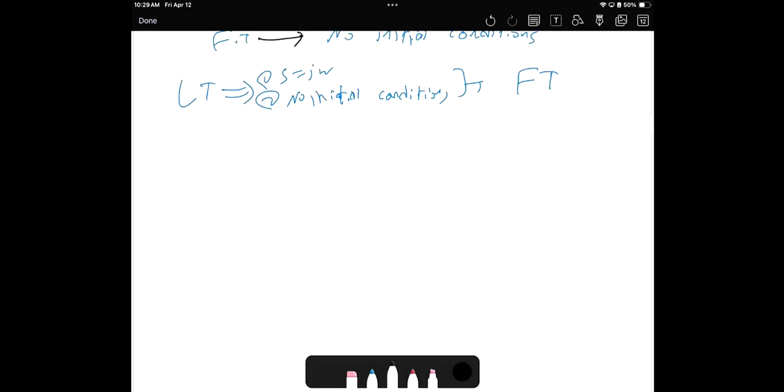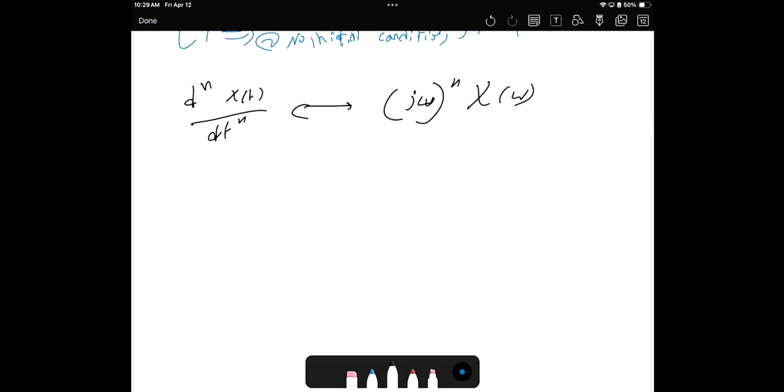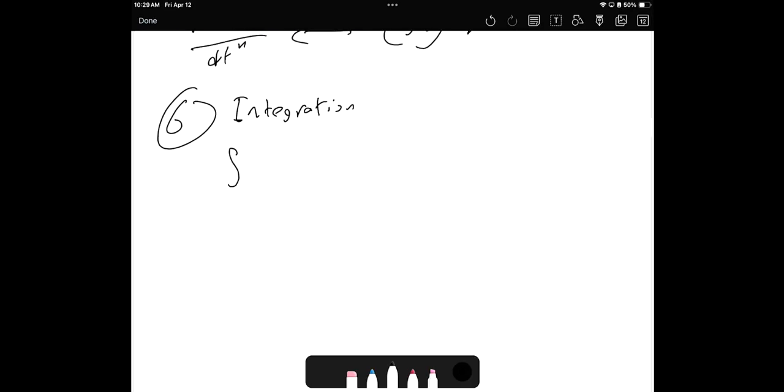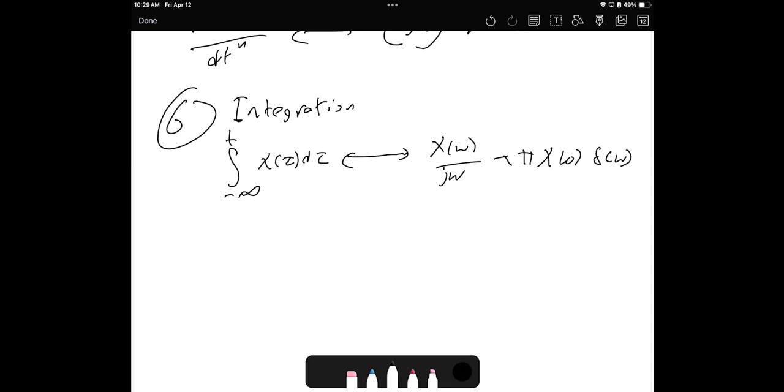Now number 6, the property number 6, the integration. How to do the integral. Now we know the integral from negative infinity to t of x of tau d tau will be X of omega over j omega plus pi X of 0 delta of omega.